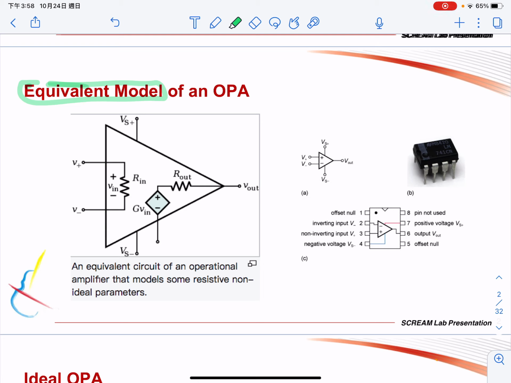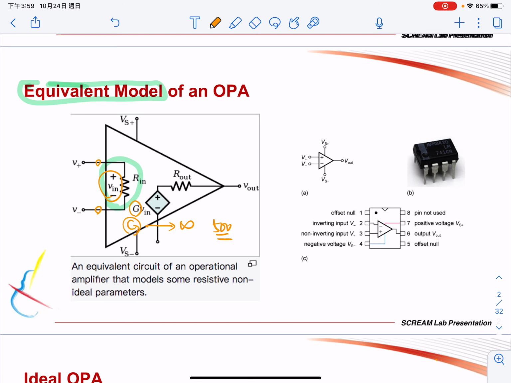The input model is only a resistor, and usually we ask for R in to be very, very big. And this is the input voltage seen at this terminal, and it will be amplified by the gain, this is G, and we want G to go to infinity, or at least 500, something like that.